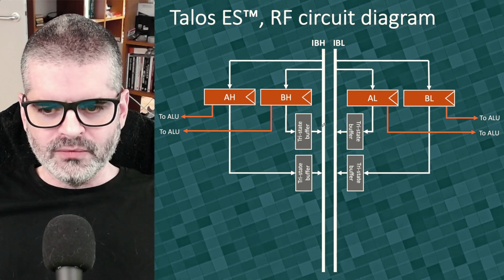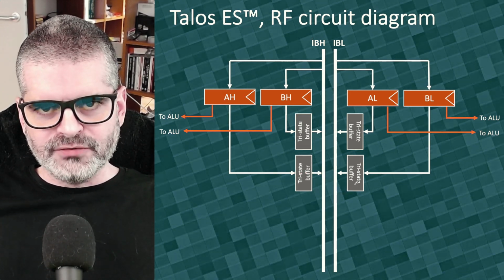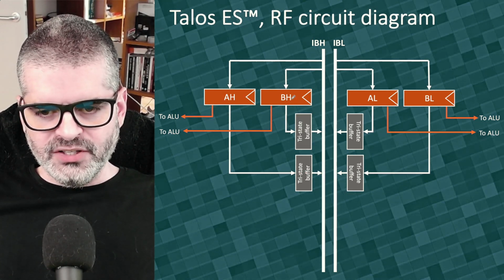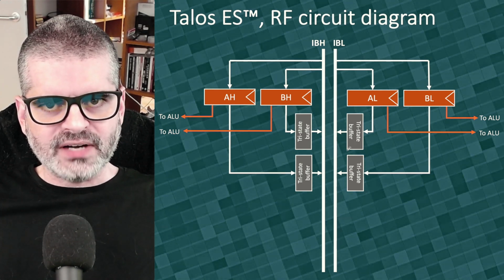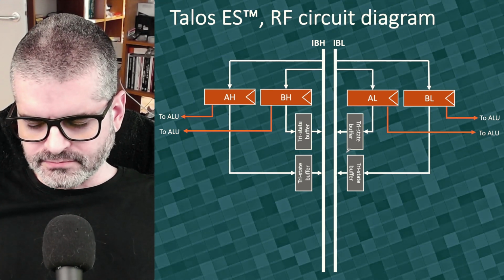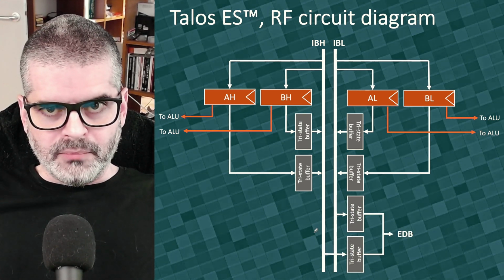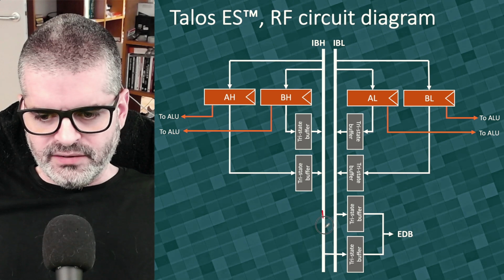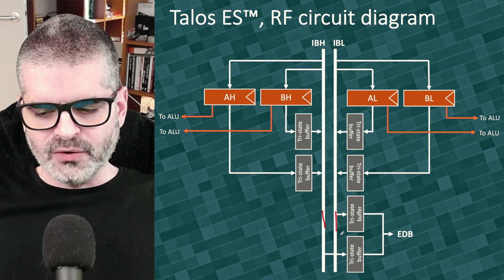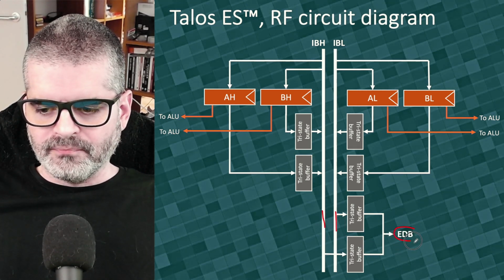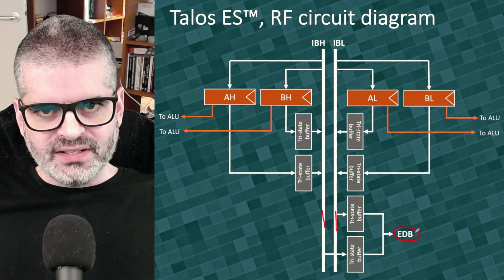So we can control 4 tri-state buffers to put the contents of each of the registers into the respective half of the internal bus. We also want to be able to take a byte either from the internal bus high or the internal bus low and put that byte on the external data bus.